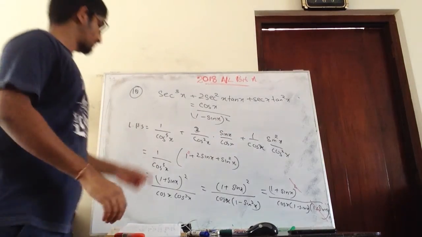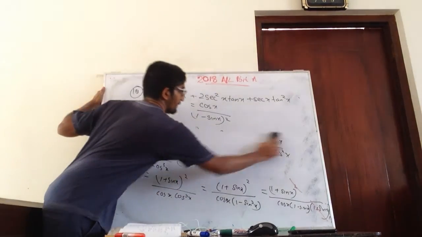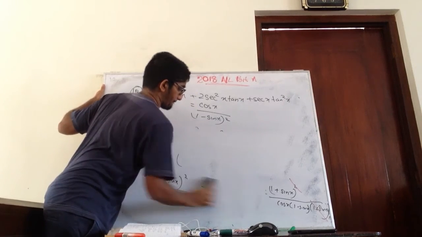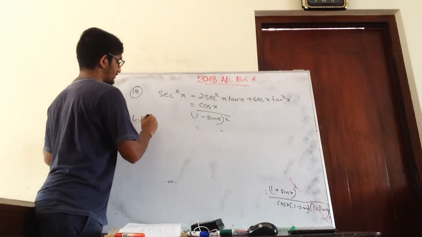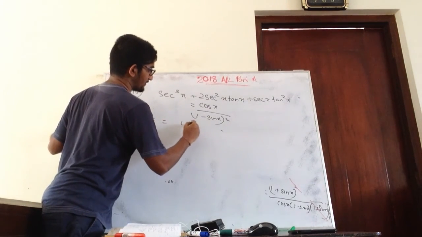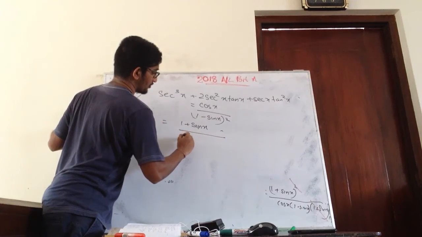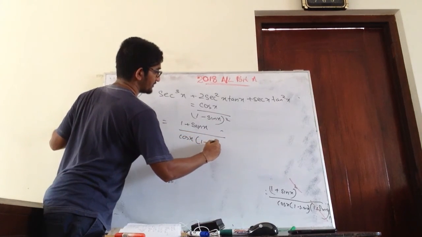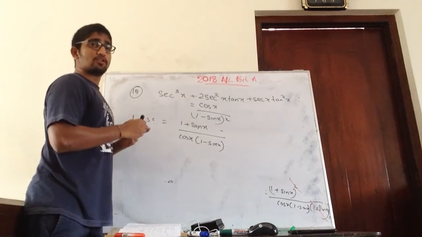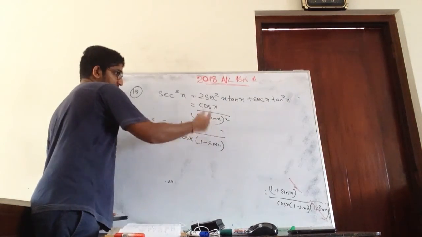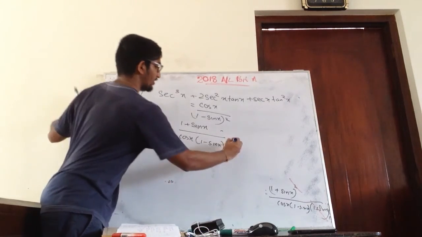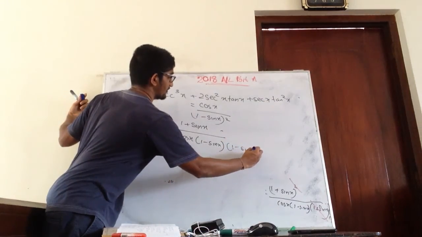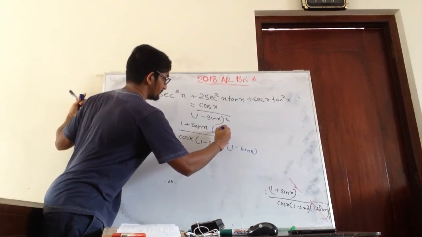So write this down. Now the left hand side, I got this as (1 plus sin x) over cos x (1 minus sin x). Right? So what I'm going to do is, I saw this 1 minus sin x squared, so I'm going to multiply by 1 minus sin x in the numerator as well, the same thing here.